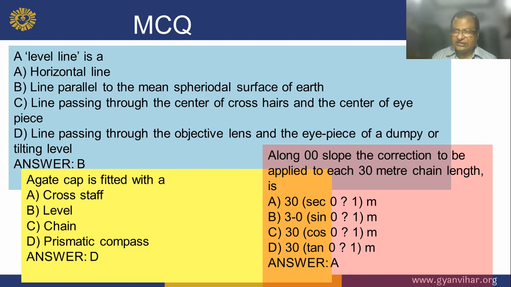What is the correct answer? Answer is A, 30 seconds. So thank you, my dear boys, for taking interest in my class. You are all welcome in my next class.